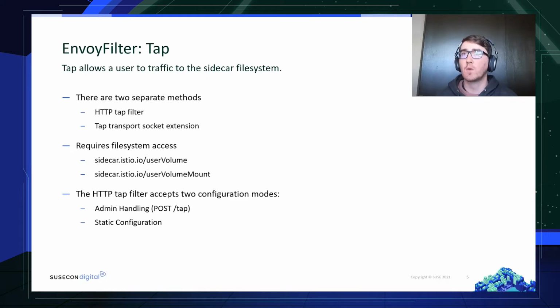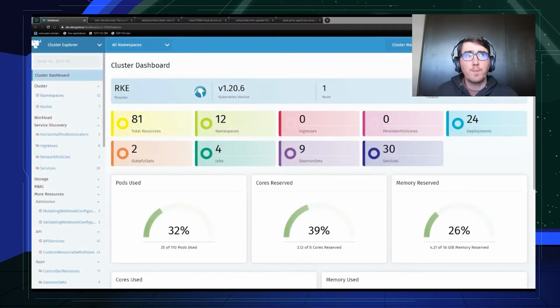One of them is going to be a more dynamic configuration, and then one of them is going to be a static configuration. We're just going to pass things in statically through an Envoy filter. So if I can switch over to Chrome, I'll show you the environment that I have that's running that.